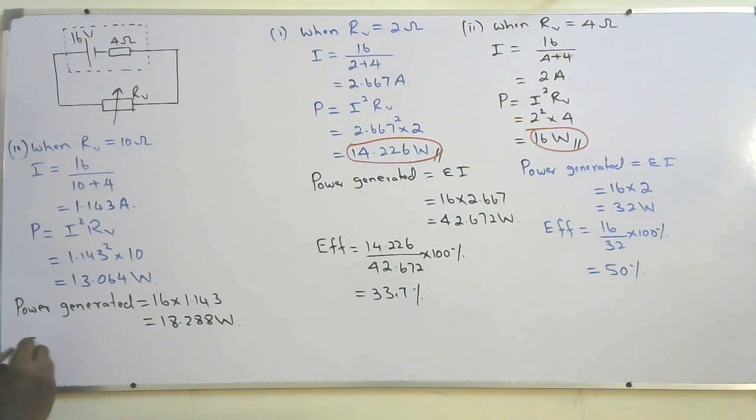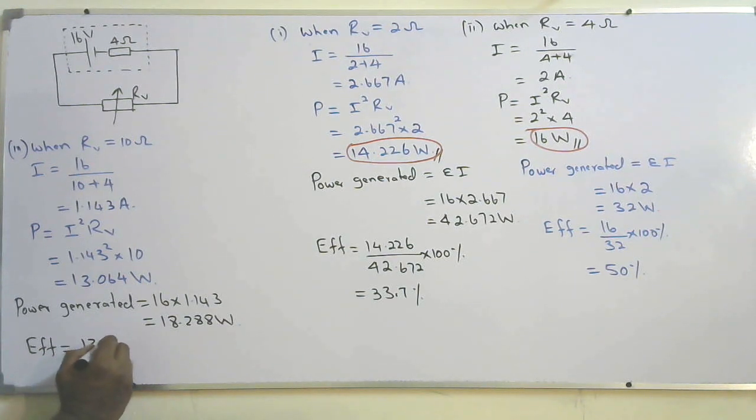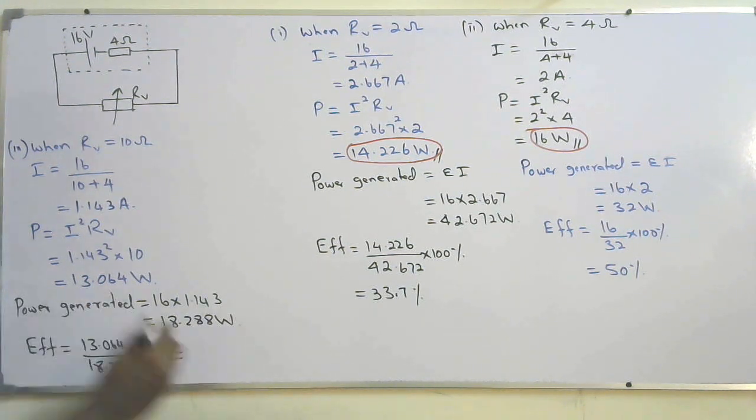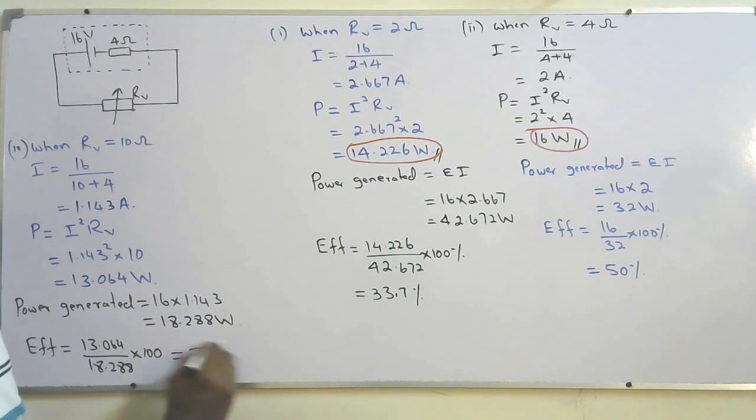So efficiency of the external component is 13.064 over 18.2288 into 100%. So that is going to be 71.4%, 71%.